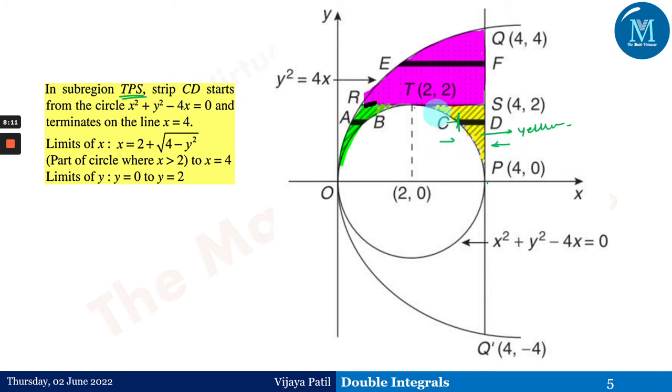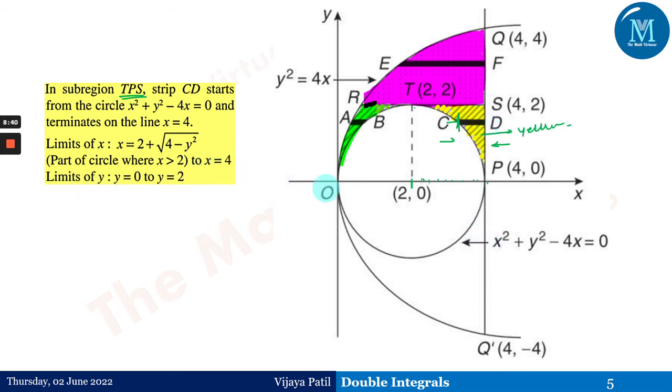Point C is lying on the circle and it terminates at the line x equals 4. The center of the circle is 2 comma 0, and all these points on the circle are lying greater than 2, and therefore x is moving from 2 plus square root of 4 minus y square to x equals 4, which is a line parallel to the y-axis.